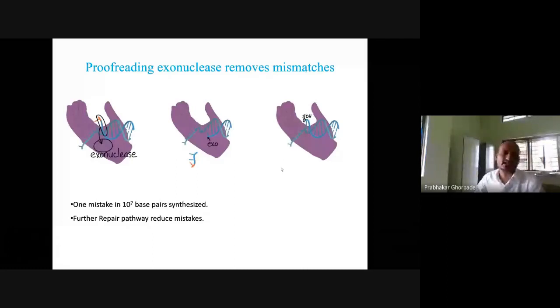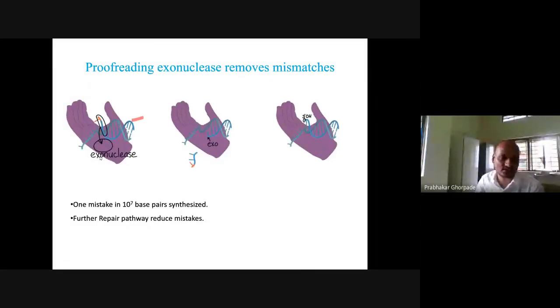For proofreading, for example, this one is a DNA, and the DNA polymerase with exonuclease is present. DNA polymerase we usually show in a right-handed conformation. And what happens is that, for example, the DNA is there, and this blue end is a mistake.